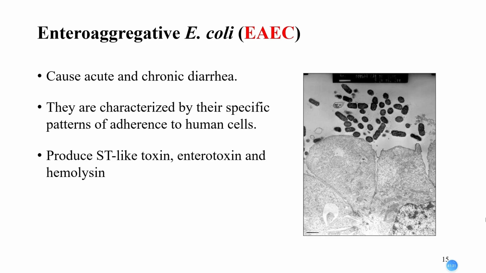Okay, they aggregate together, and each cell looks like bricks. So they form a special pattern of aggregation adhering to the human cell. It causes acute and chronic diarrhea, and they can also produce the ST-like toxin, enterotoxin, and hemolysin.